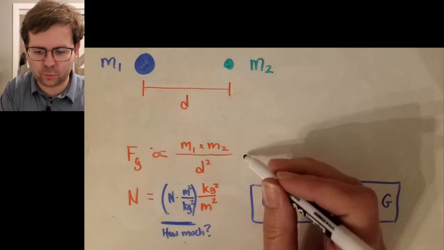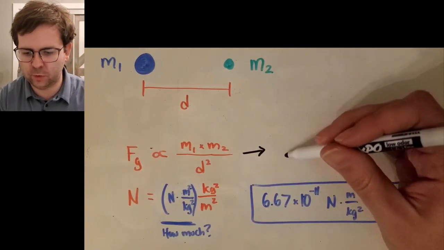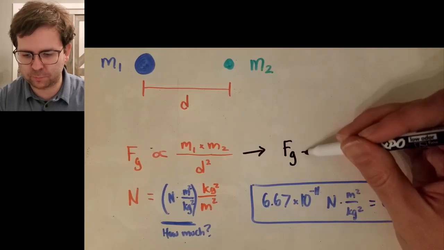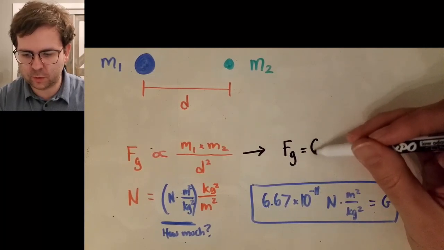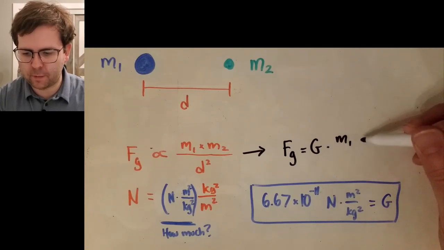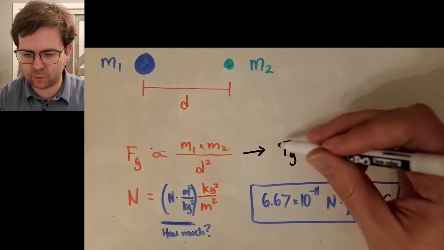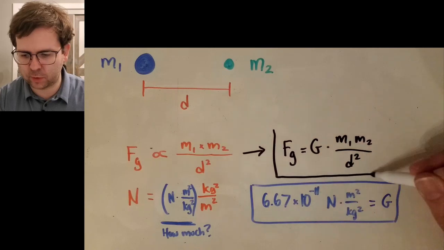So what we can do is translate this proportional relationship into finally an actual equation using this G factor here. And everything else stays the same. We just have this conversion factor, the universal gravitational constant.